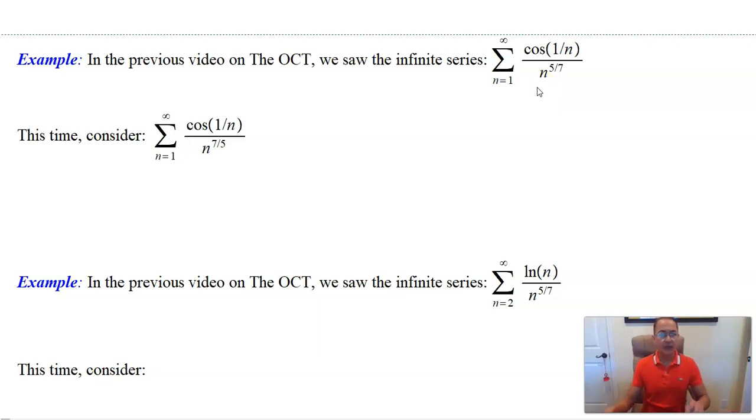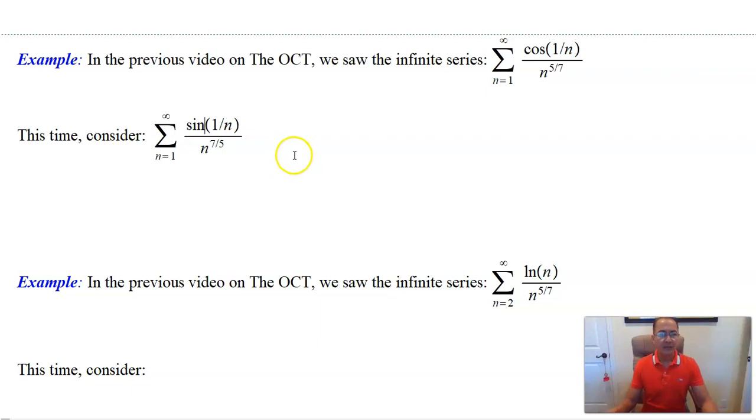So this time let us consider, let's turn the 5 over 7 into 7/5. And we saw that this series also converges this time by the same reasoning, except that cosine is smaller than 1. What we're going to do is turn cosine into sine.